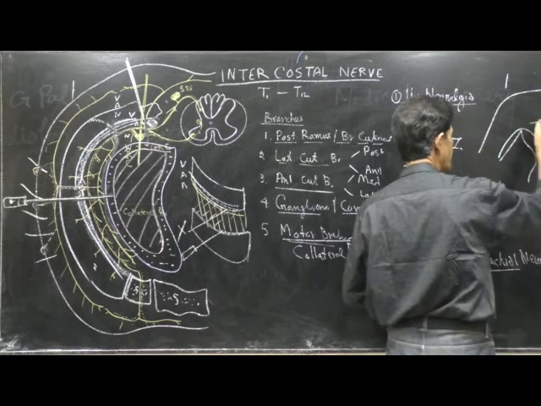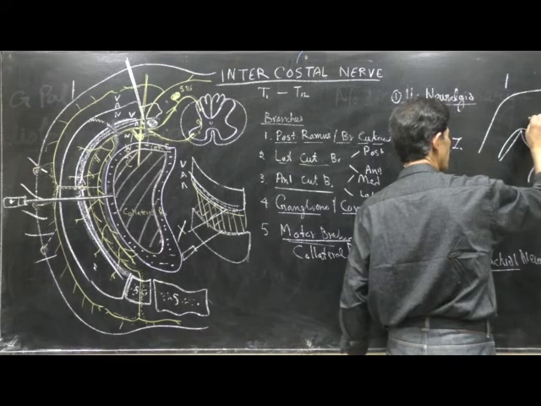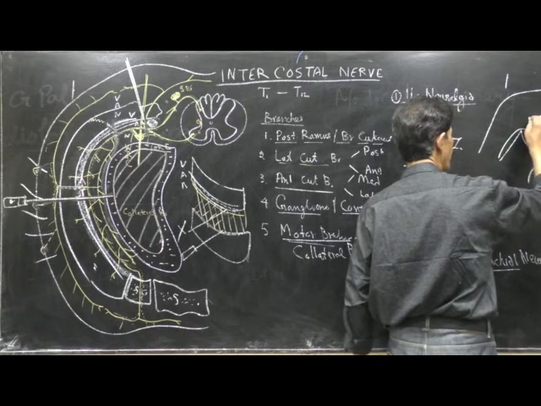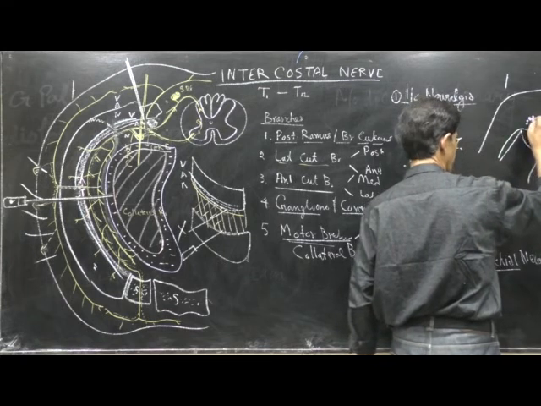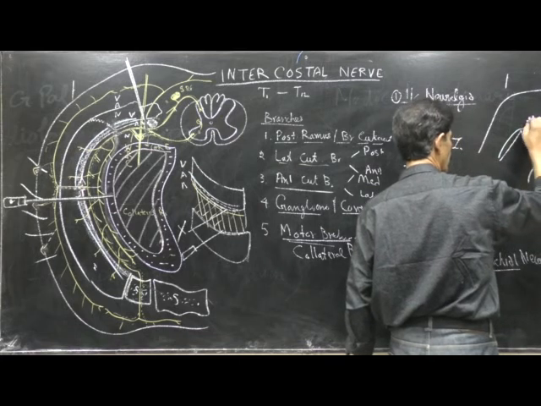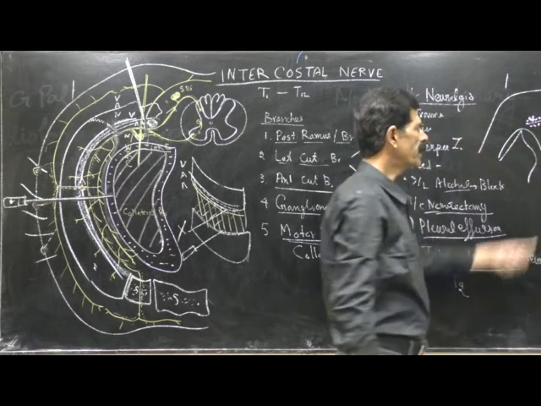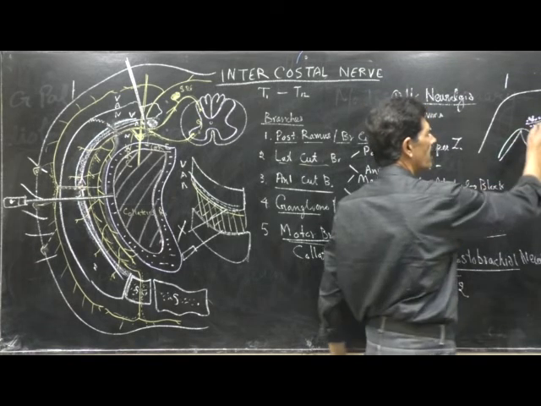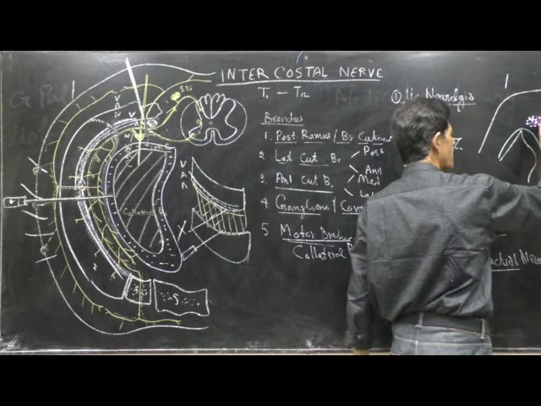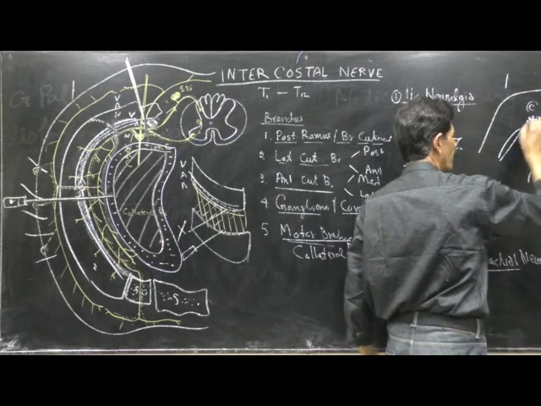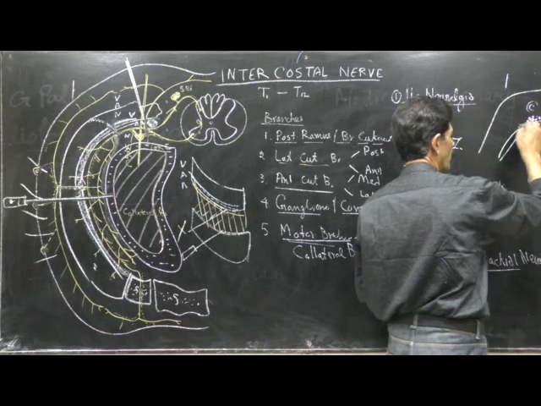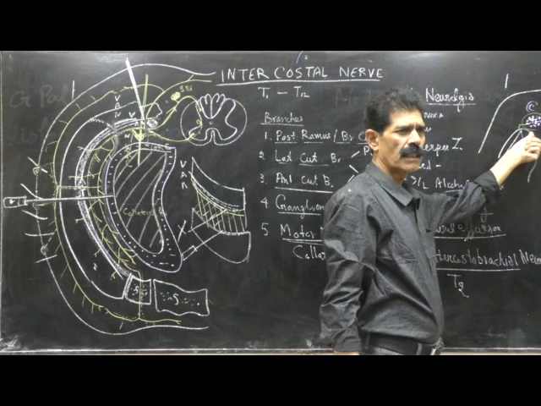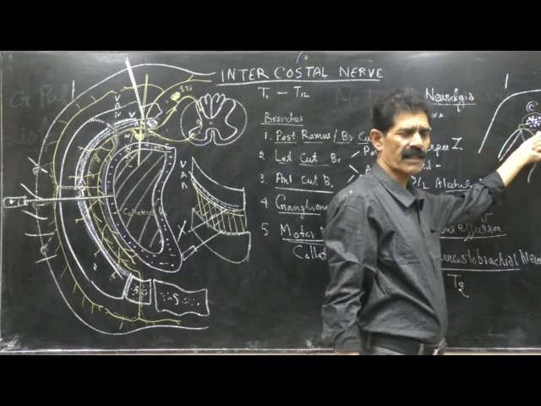And in the axilla, it passes through the central part of the axilla, where lies the central group of the lymph nodes. And if this lateral branch of the second intercostal nerve, while passing through the axillary lymph nodes, which are the central group, if they are enlarged due to some disease, then this nerve will be pressed.